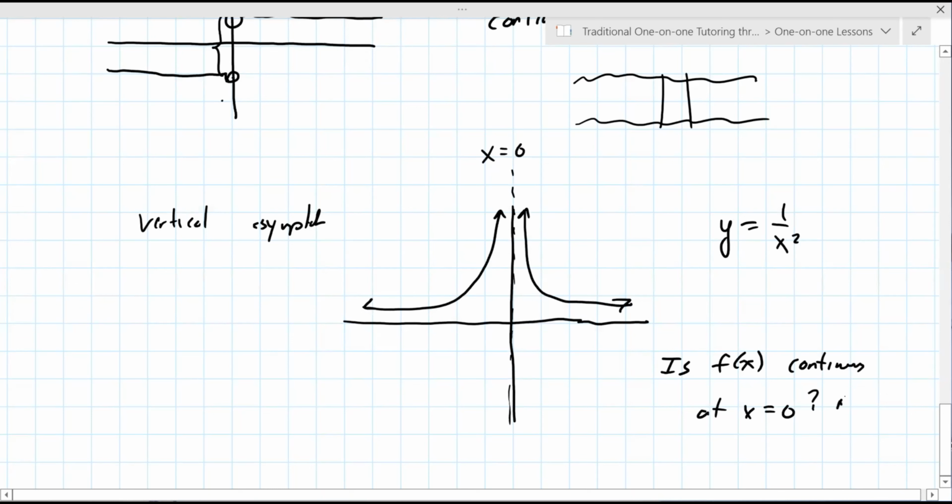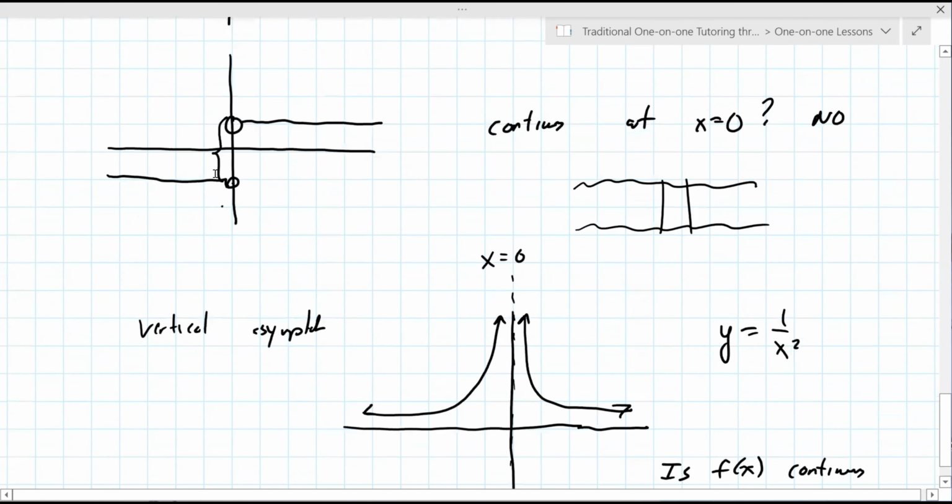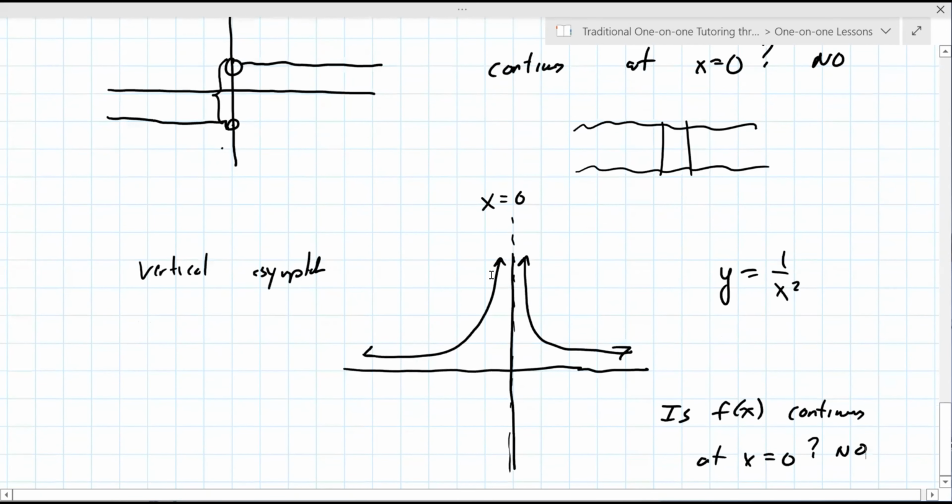The answer is no. Is there a way to make it continuous? It's actually very similar to the jump here, just a jump in a different direction, but there is no way to make this continuous. Yeah, since that vertical asymptote is in between the two lines, there's no way.